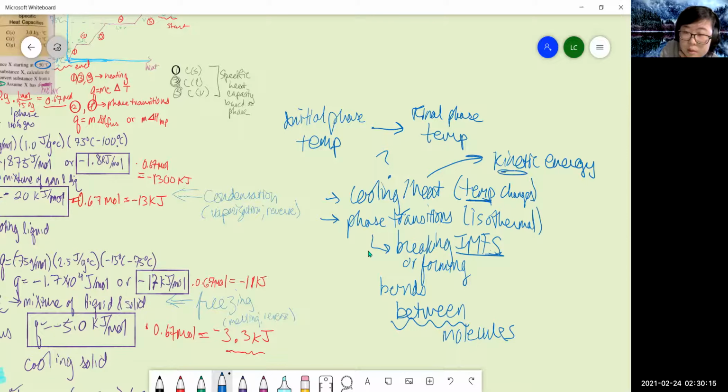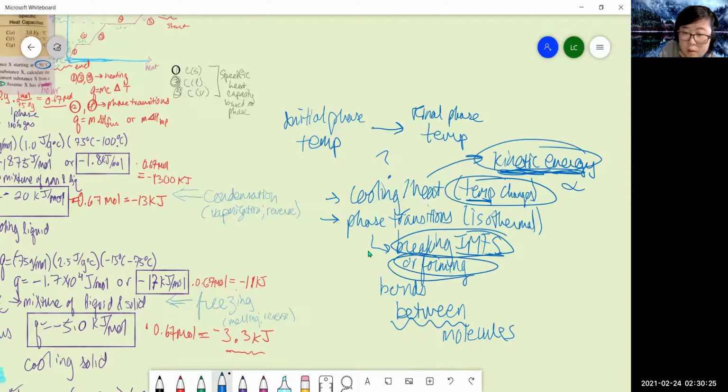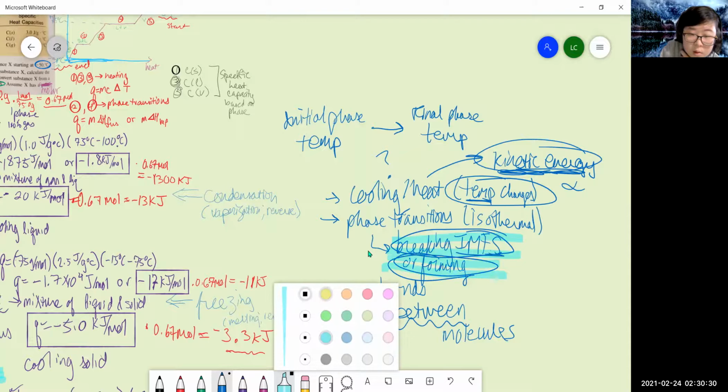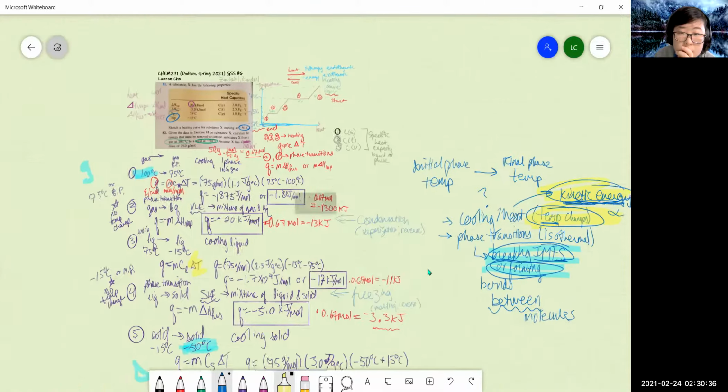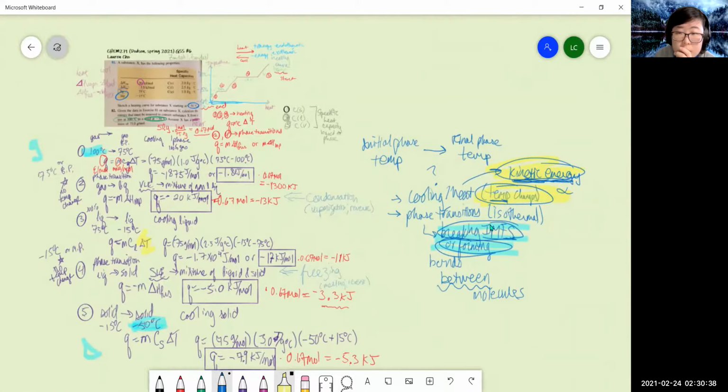You know, temperature and kinetic energy are proportional. So it's these changes. Whereas here, you're just breaking or forming IMFs. Yeah, so there we go. So you can screenshot that if you want.